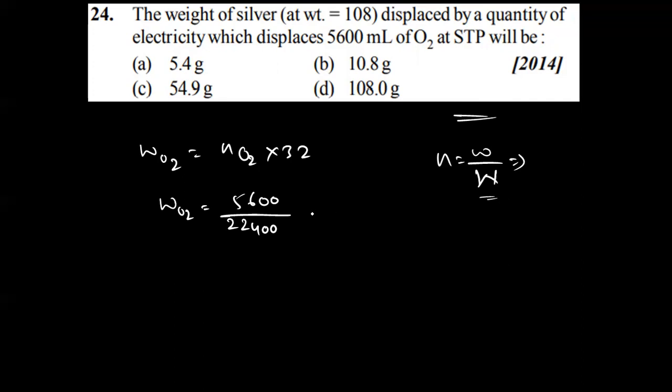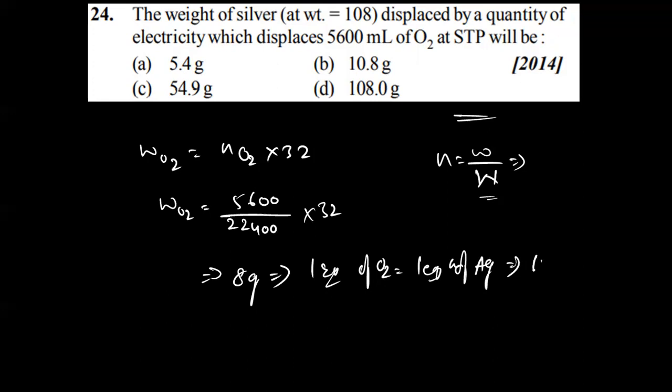At STP, 1 mole of gas contains 22,400 ml or 22.4 liters, into 32. Simplifying, you will get 8 gram, and 1 equivalent of O2 is equal to 1 equivalent of Ag, that is 108. So for question number 24, it's option D, 108 gram.